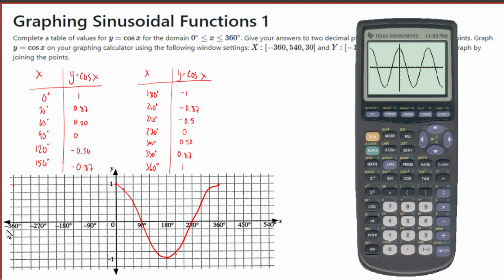If we go from negative 360 degrees, 90 degrees to the right, we end up at negative 270, so this should be 0. If we continue from 90 to 180, we're down at negative 1. So we should have negative 1 over here. Then we're coming back, there's going to be 0, and then we join up here. So we can continue like that.